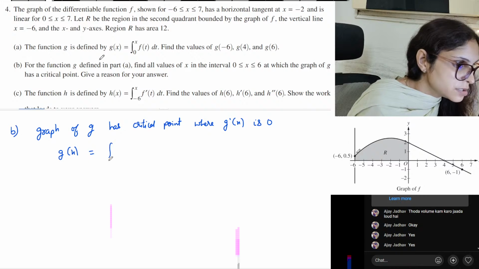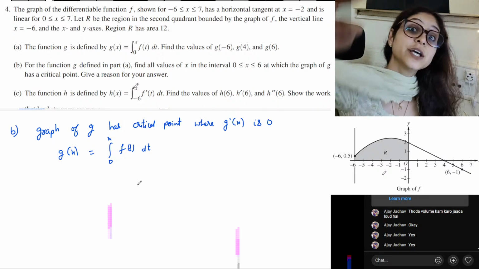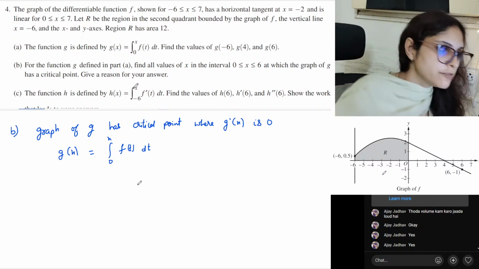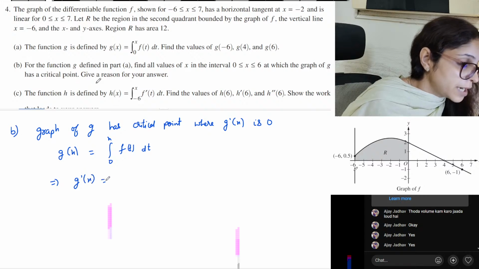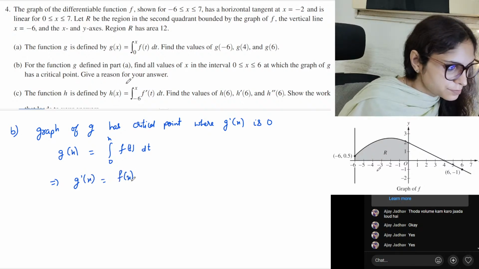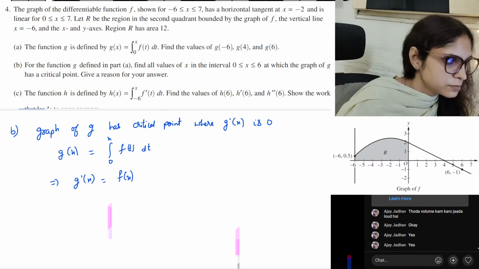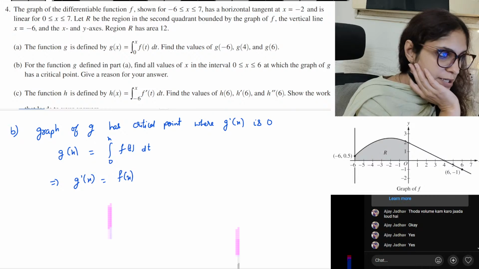So G of x is the integration from 0 to x of f of t dt. So G of x is the integration of f, so its derivative is just going to be f of x. So from here, by applying the law of antiderivative, G derivative of x is just f of x.